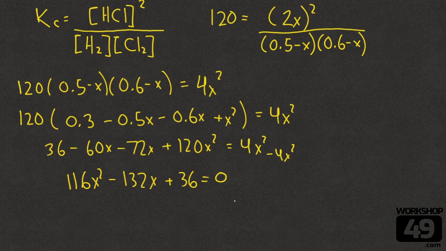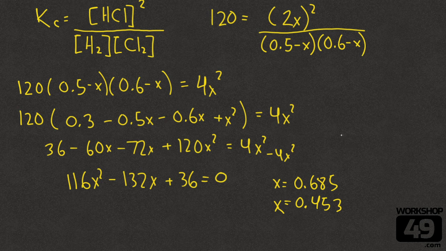I believe that you know how to solve a quadratic. If not, use your quadratic formula, or check out one of my other videos. You're going to get two answers here. Our two answers are x equals 0.685 and x equals 0.453. One of these is correct.